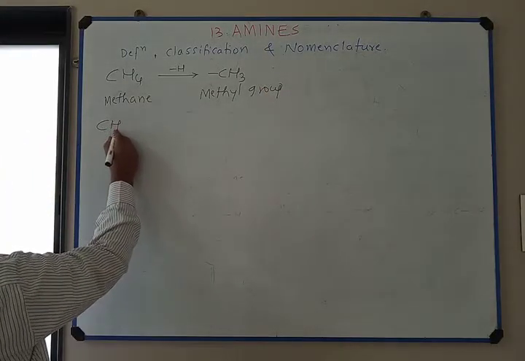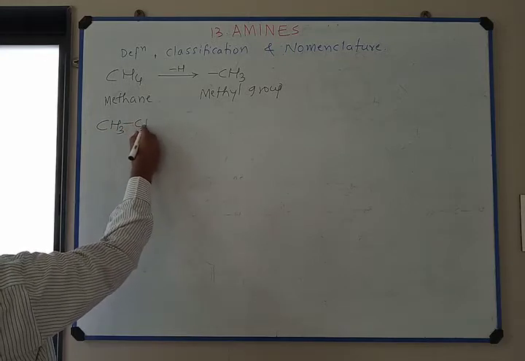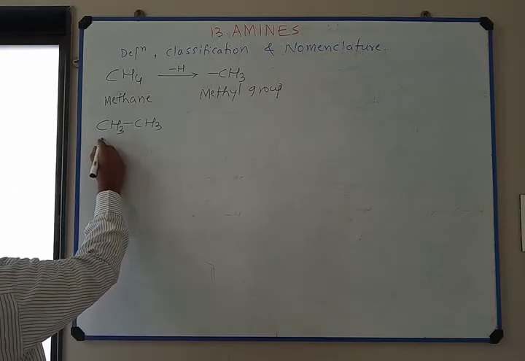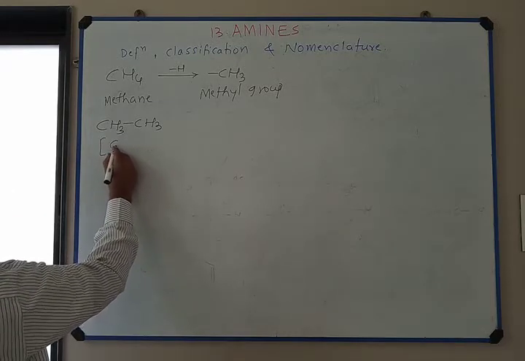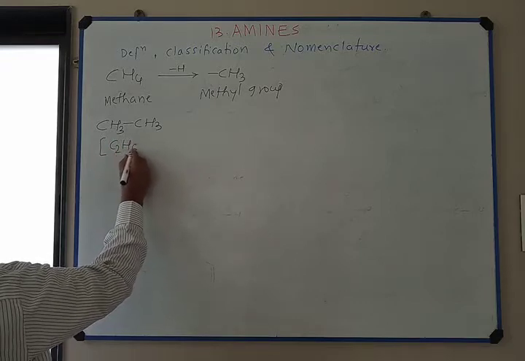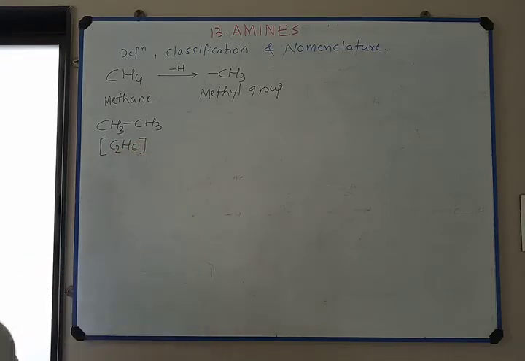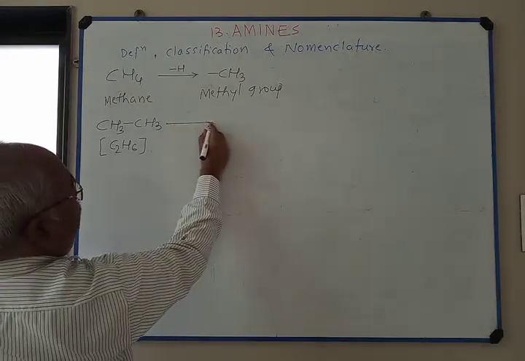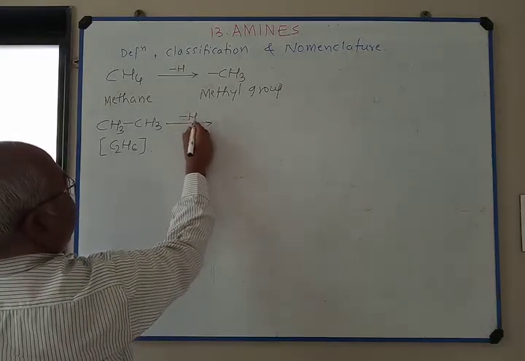Next, CH3, single bond CH3. This is ethane molecule. This ethane can also be represented by C2H6. From this ethane, remove one hydrogen atom.